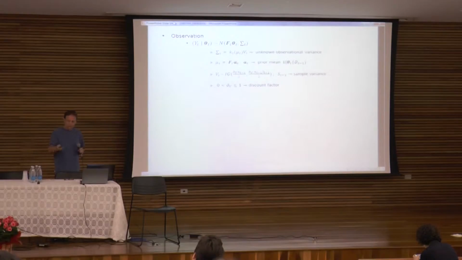Contrary to the previous talks, we tried as much as we could here to preserve analytical tractability so that it could be computationally efficient, usable for high frequency data, and the computations are quite fast. That is the idea here.